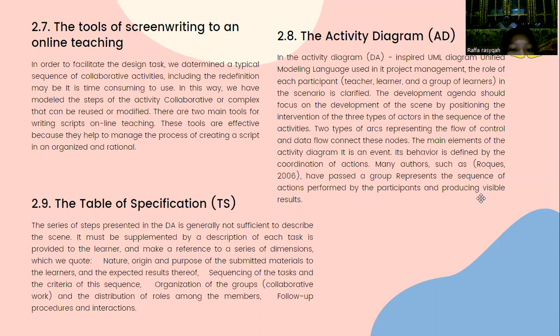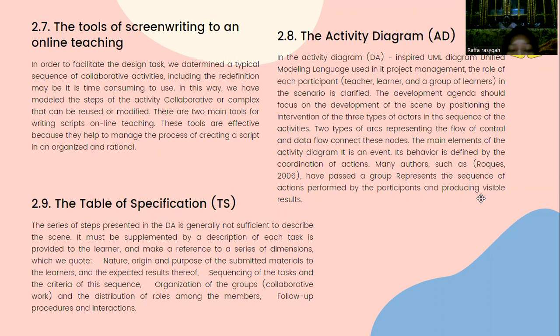In this way, we have modeled the steps of the collaborative or complex activities that can be reused or modified. There are two main tools for writing scripts for online teaching. These tools are effective because they manage the process of creating a script in an organized and rational way.